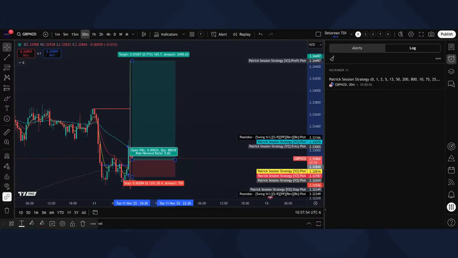Your risk is going to be 5.83. Your entry price is going to be 2.3284. Your stop is going to be 2.32556. And your take profit is going to be 2.34497.